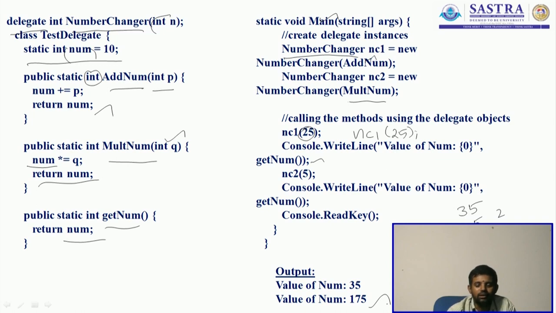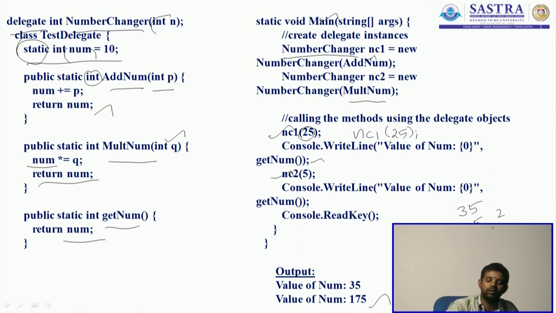How is it happening? Because the variable num is of static type, so it will be retaining the value, right? So after the execution of this statement, the value of num is going to be 35. So if you call nc2 of 5, what will happen?